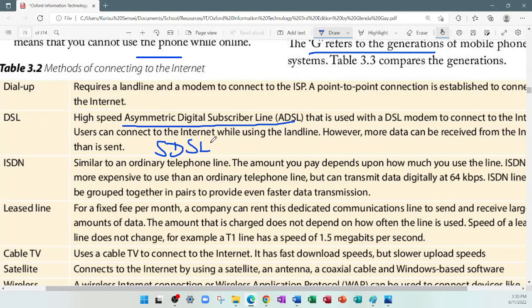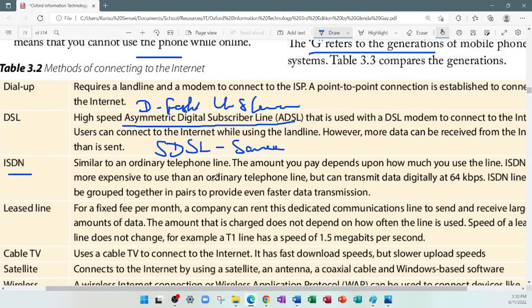If you can remember, with the asynchronous or the asymmetric, the download is faster and the upload is slower. And with the symmetric, the upload and the download are the same.